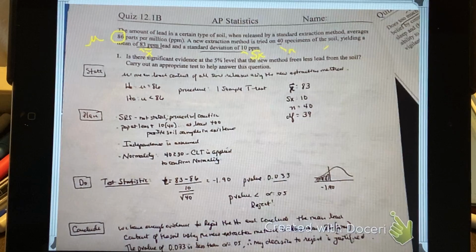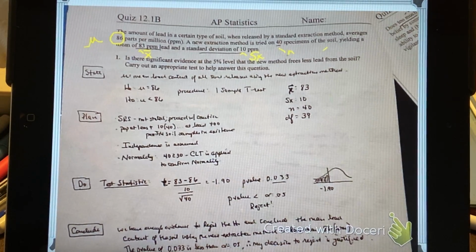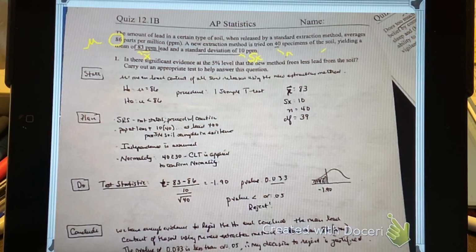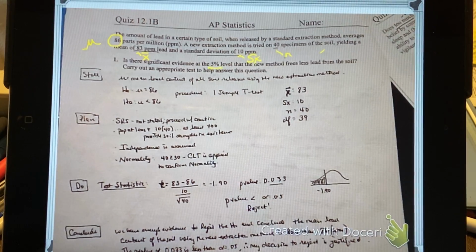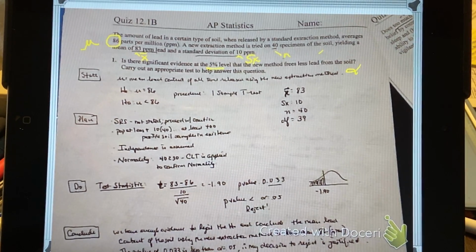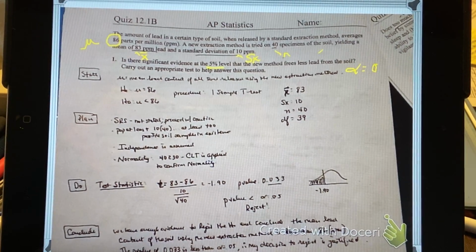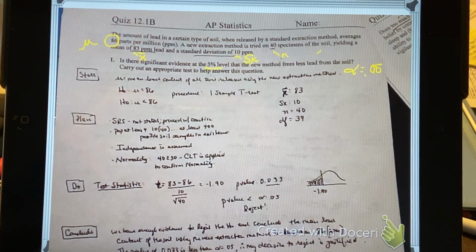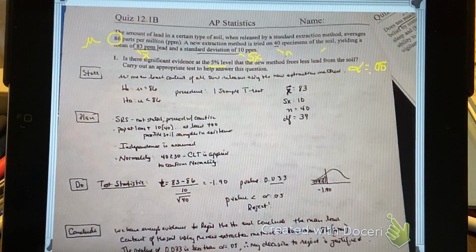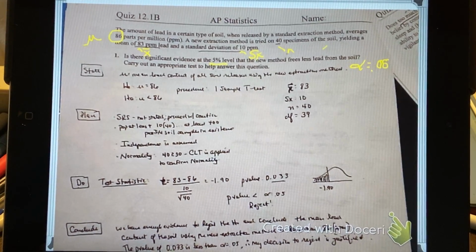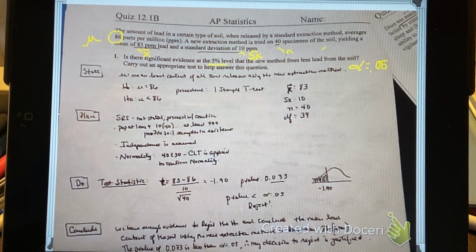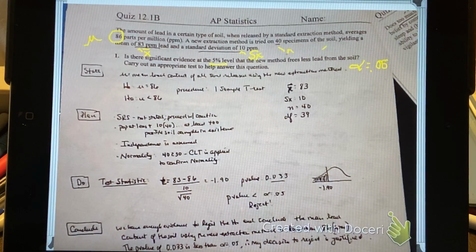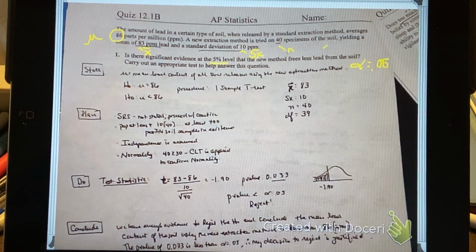Okay, and so this is one where they just say, all right, is there significant evidence at the 5% level? Well, what they mean is alpha is 0.05. That's a significance level. So they want to test it against 5%, so that the new method frees less lead from the soil.